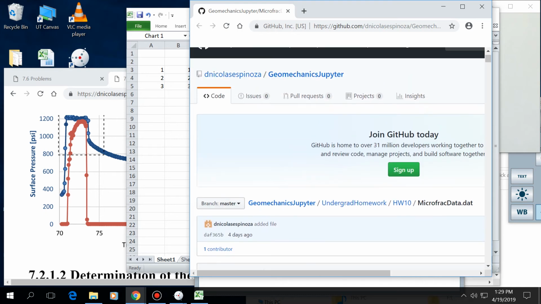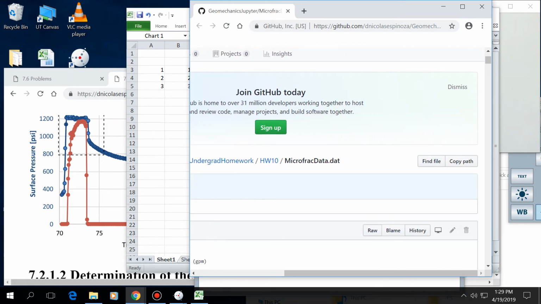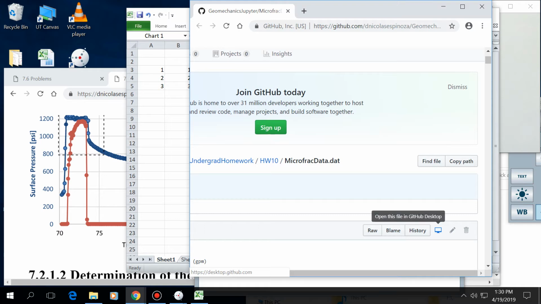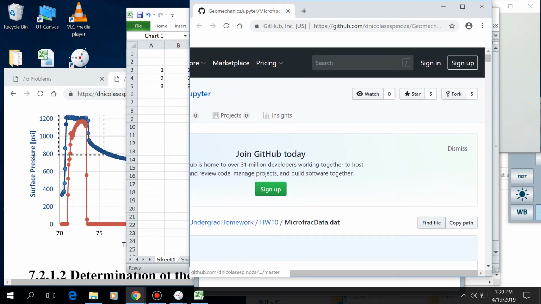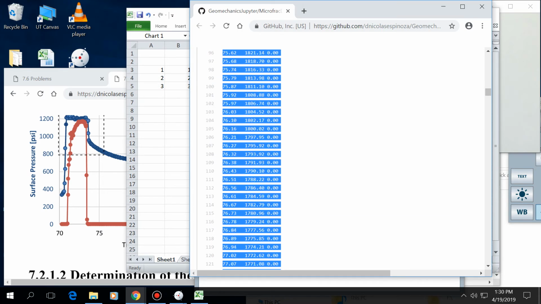Let me save this file. I'll see if I can do it quickly here. Where is the download button here?